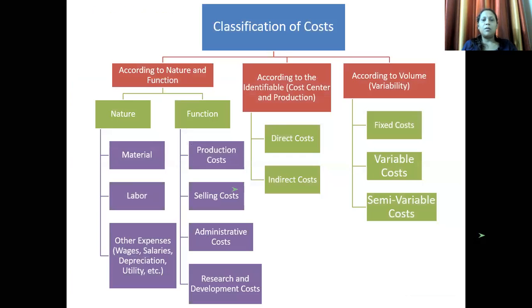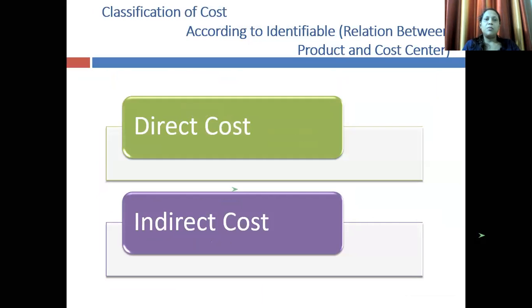Next is already mentioned what is the classification of cost according to this classification table. We are explaining this. So according to identifiable is nothing but the relation between product and cost center. So according to identifiable, cost can be classified as direct cost and indirect cost.